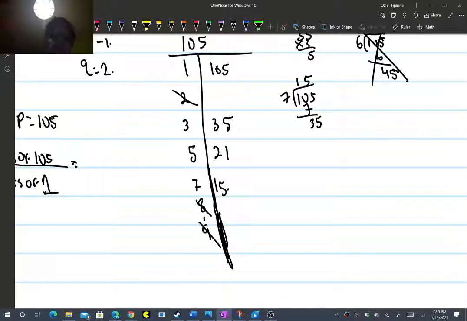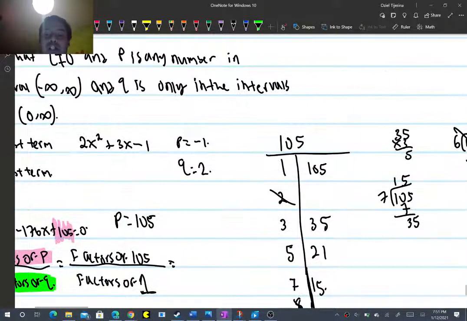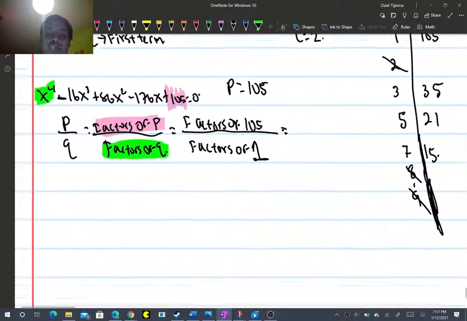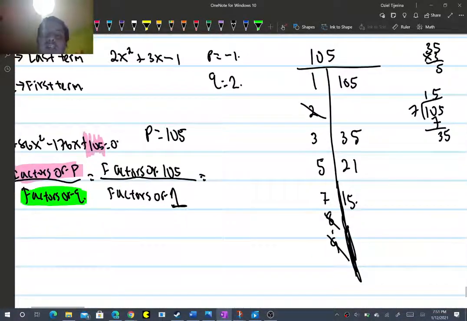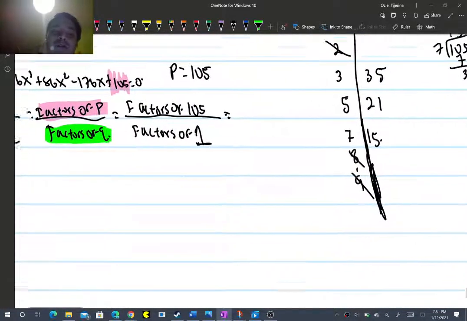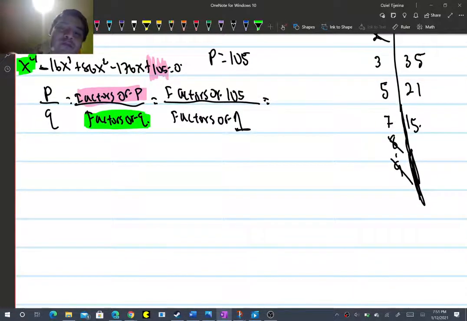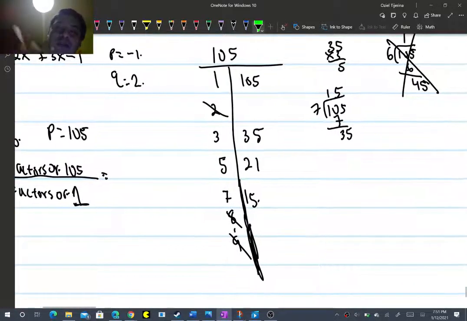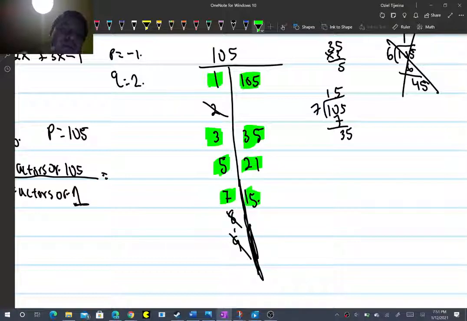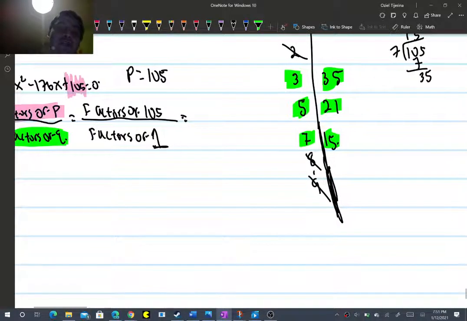So what you're going to do is write down all your factors. That means that all of these are factors of 105, okay? However, you're going to include the positive and negative factor.